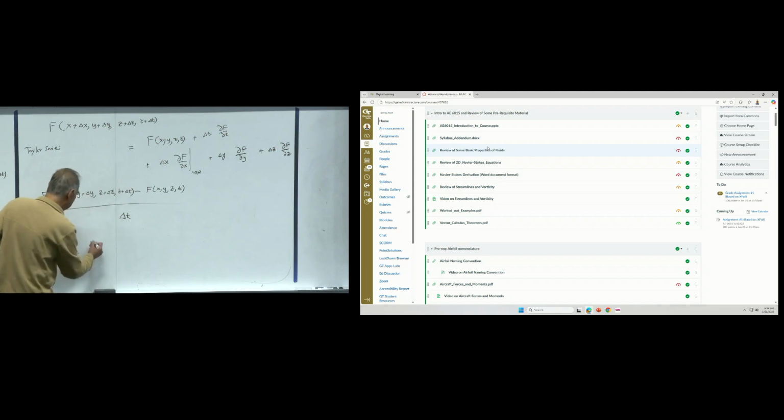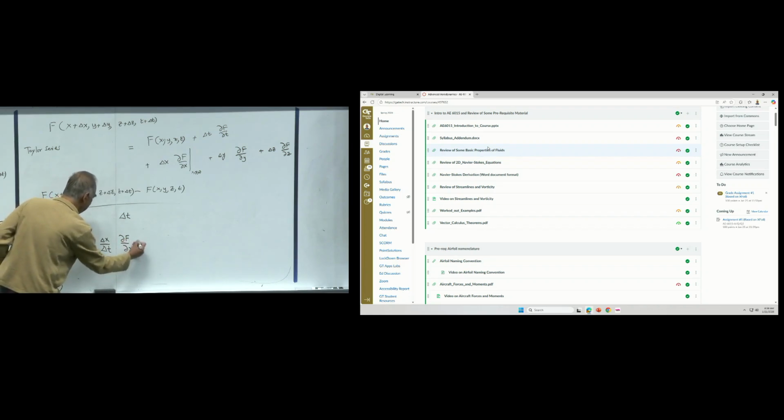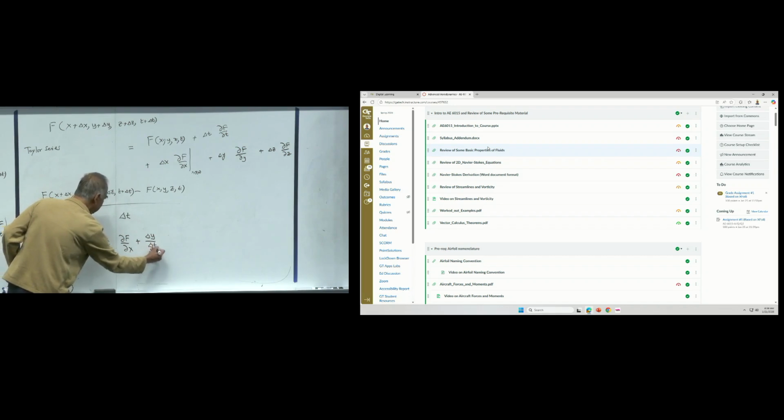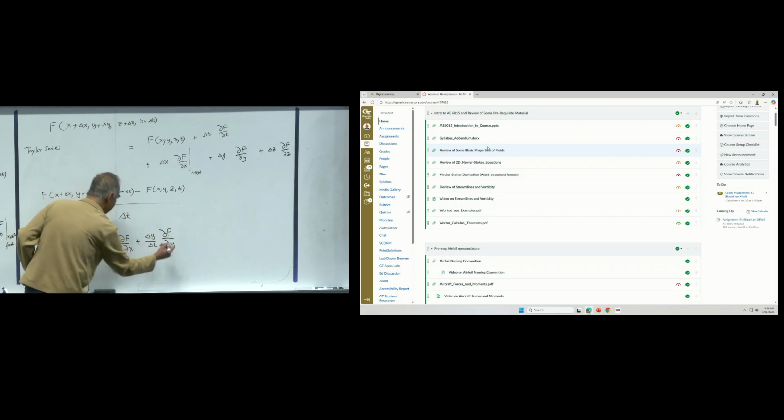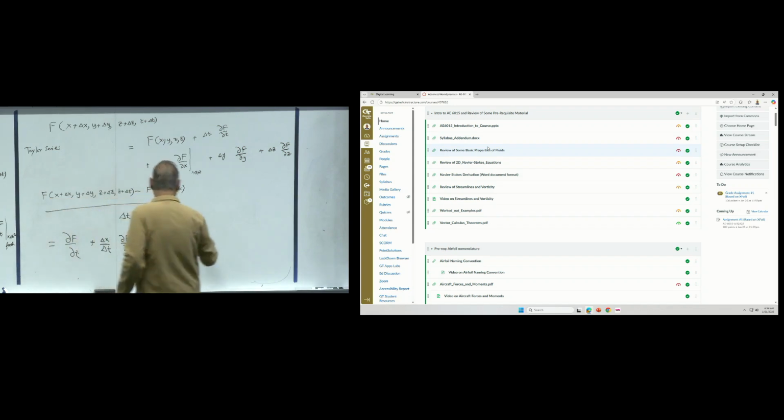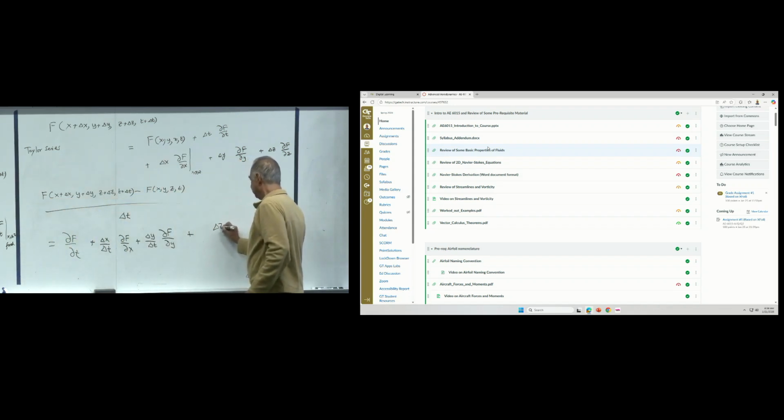So I will get plus delta x over delta t times df/dx, delta y over delta t times df/dy, plus delta z over delta t times df/dz.